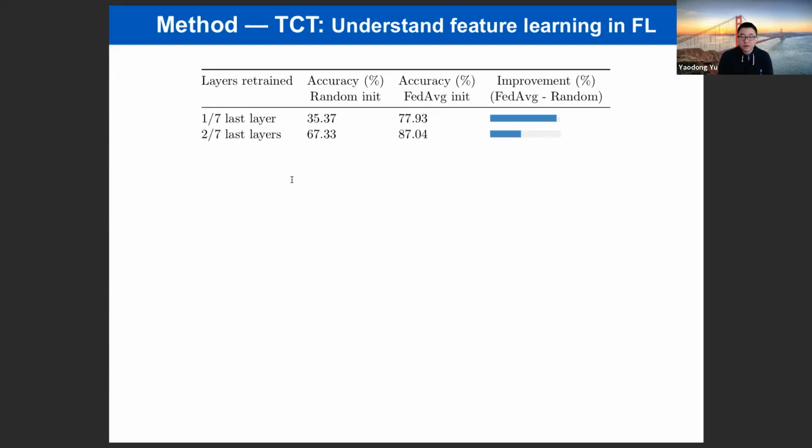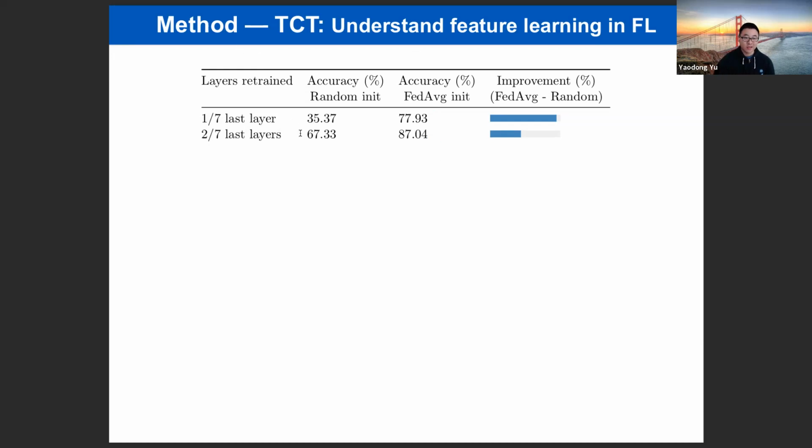What if we further train more layers using centralized SGD? We fix the first 5 layers and retrain the last 2 layers. We can boost the performance a lot by retraining just one additional layer.